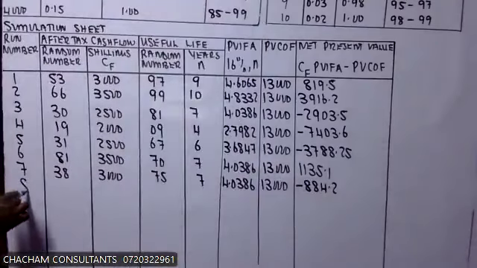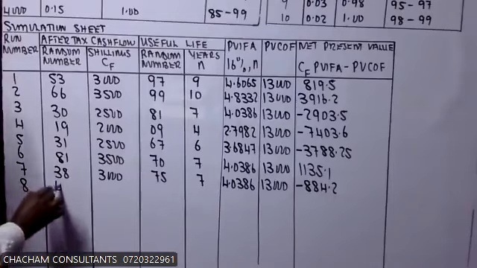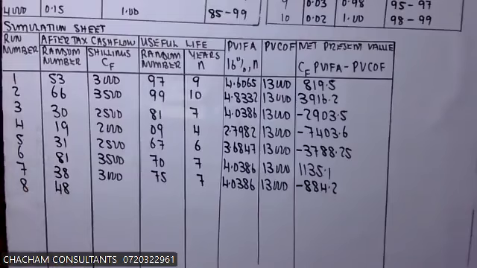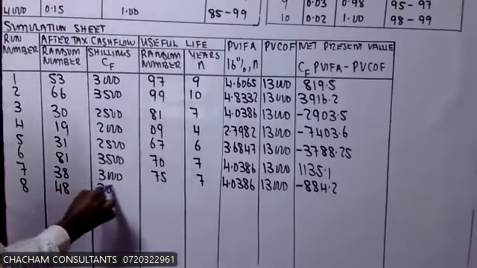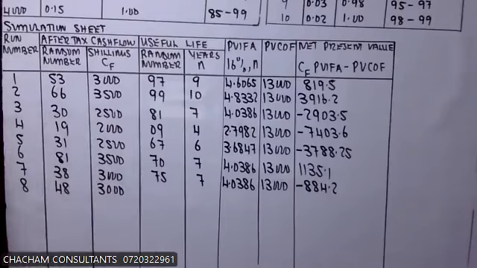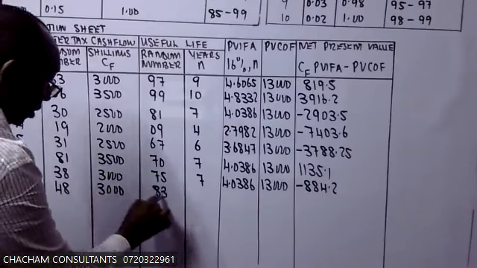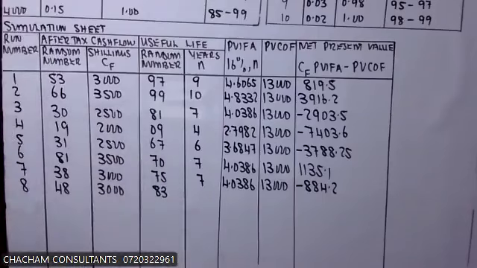Okay. Run number 8. The random number is 48. So 48 is here, 3000. The random number is 83. 83 will give us 7.